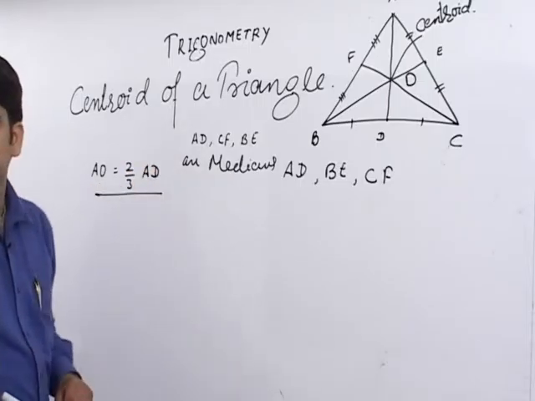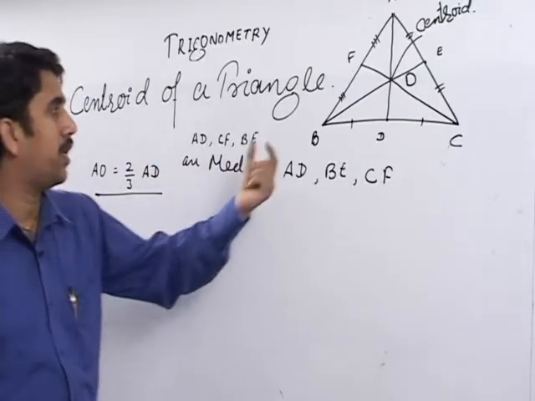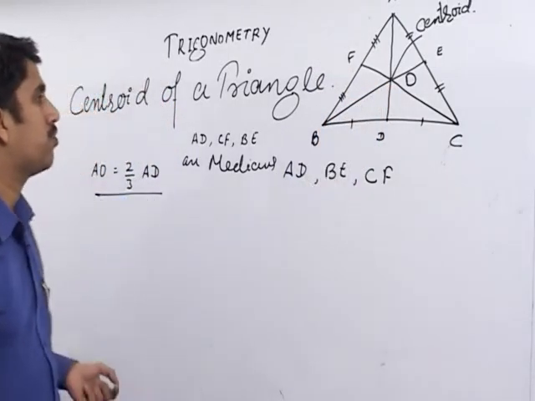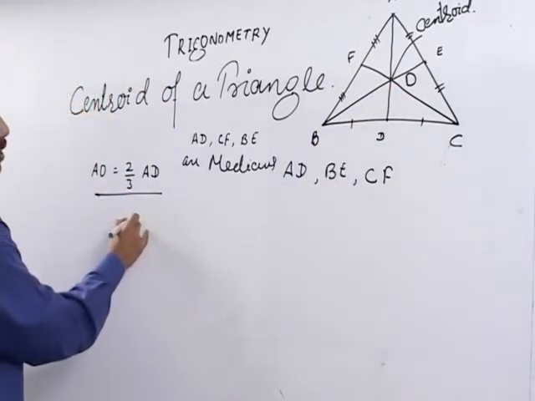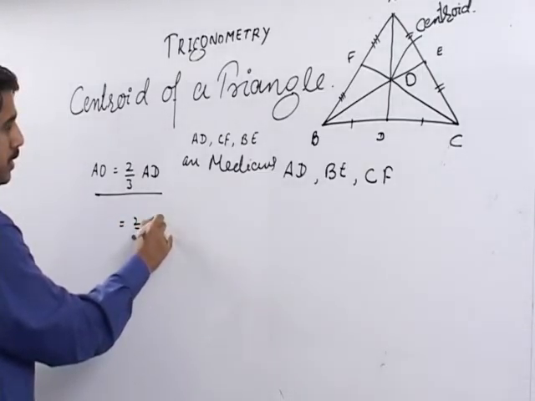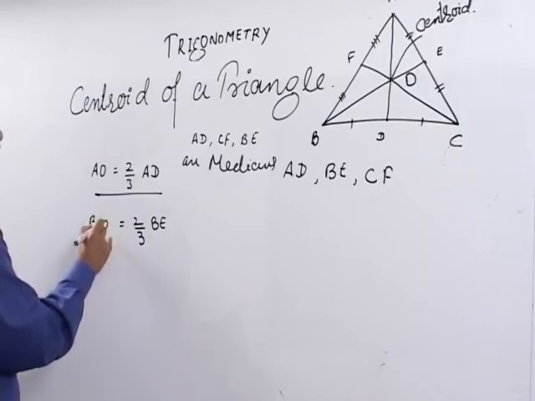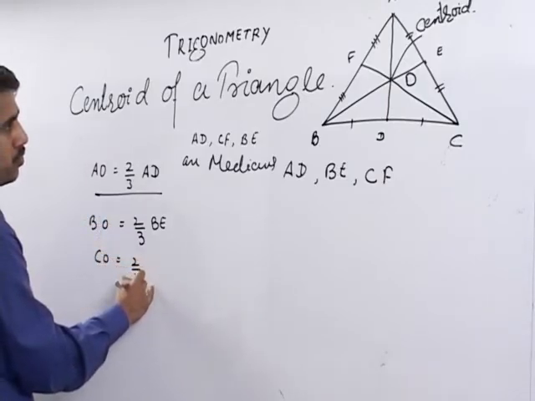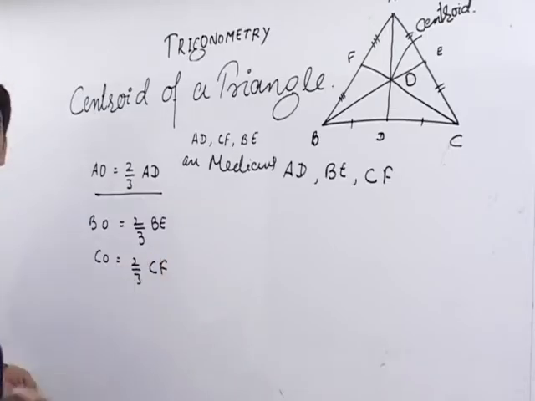Remember this property. Similarly, the distance from the angular point to the centroid is equal to 2/3 of the median. BE, this is equal to BO. In a similar pattern, CO is equal to 2/3 of CF.